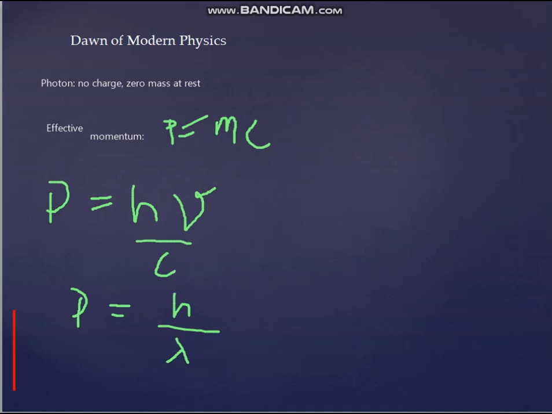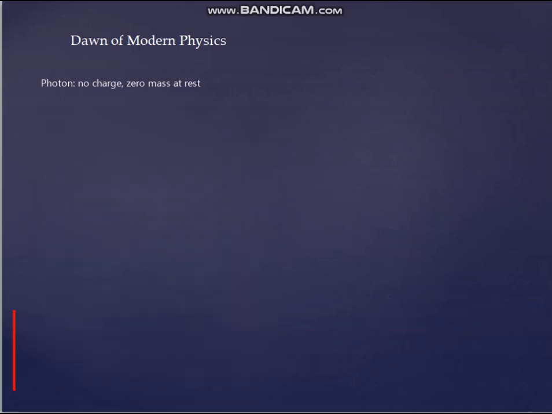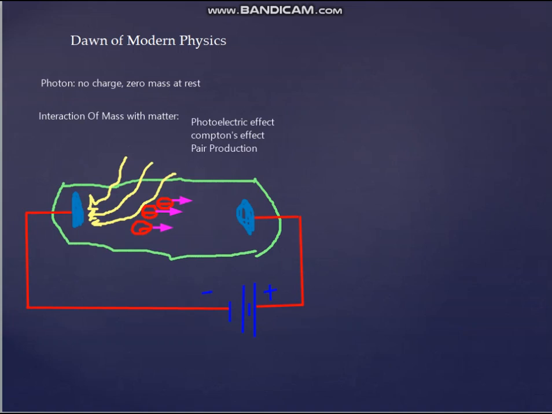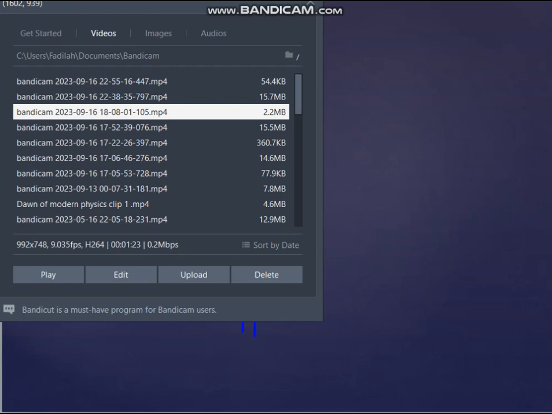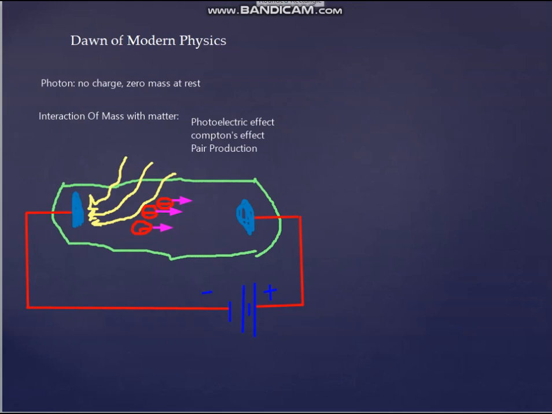So we have these subtopics for the interaction of photons with matter.